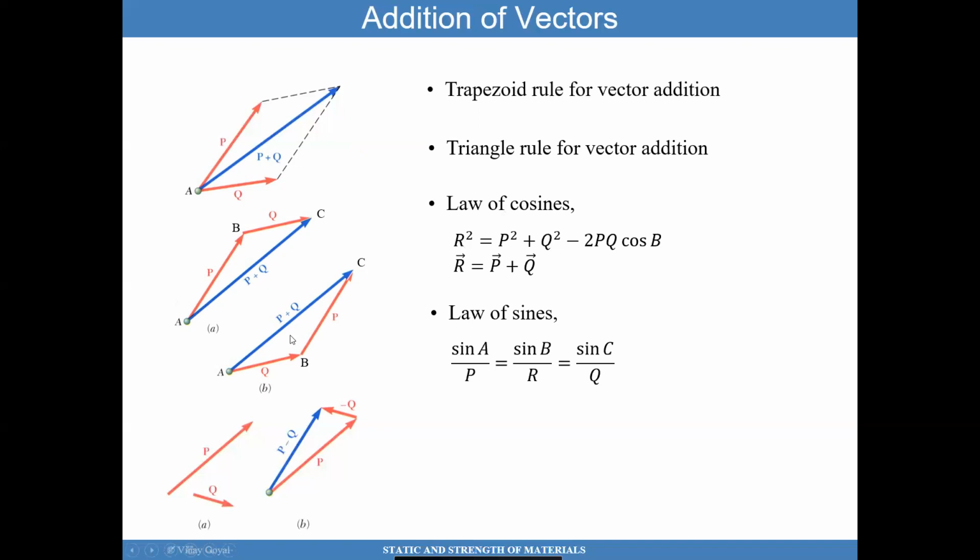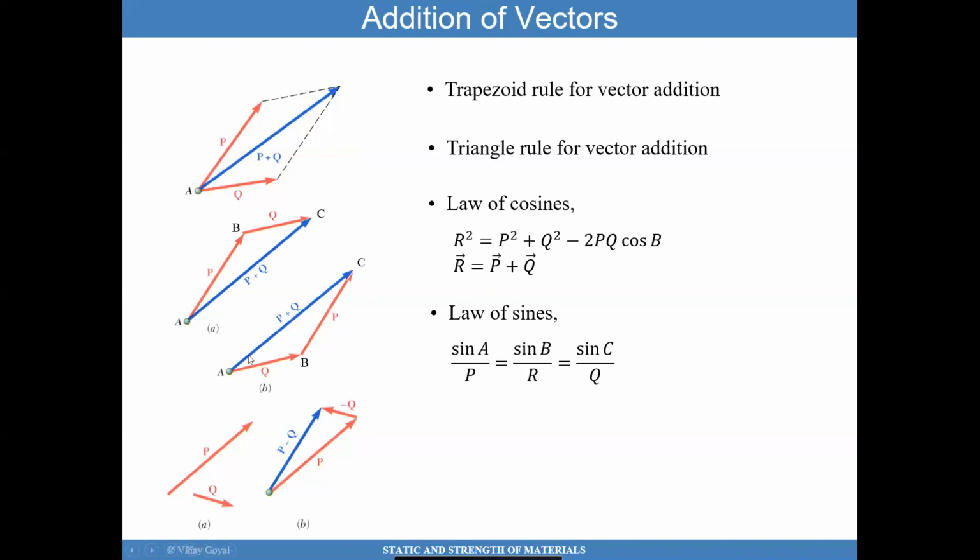If I know the angle between vectors P and Q, which forms this angle right here, I could write that R squared, the magnitude of this vector AC, is equal to the magnitude of P squared plus the magnitude of Q squared minus twice the product of P and Q and the cosine of the angle between these two lines, AB and BC. I can also apply the law of sines.